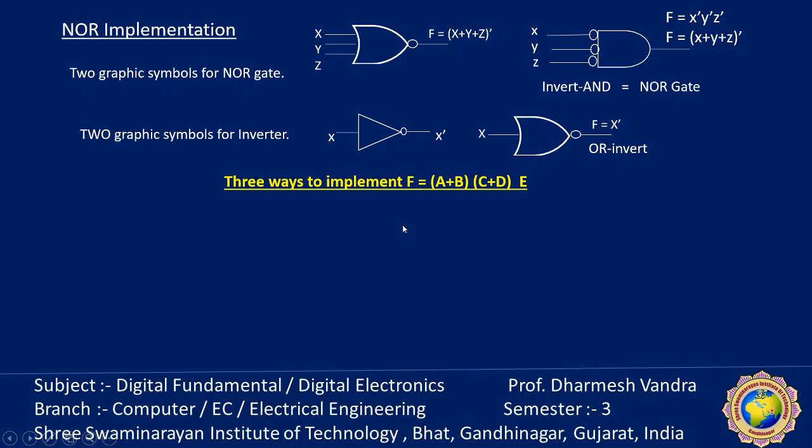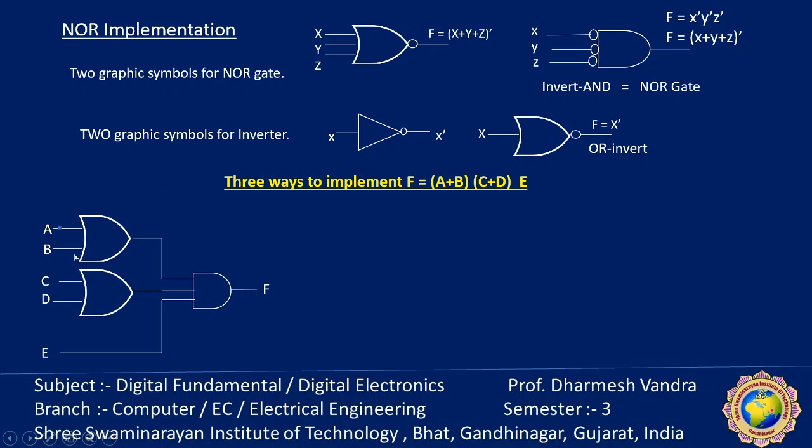Now the same thing is there, but in product of sum form: (a plus b), (c plus d), and e. The simple thing is an OR gate for a plus b, a second OR gate for c plus d, and e, and the function is the product of sums in this way. Now when this is replaced by a NOR gate, I have to complement here, so two bubbles are required, 1 and 2.